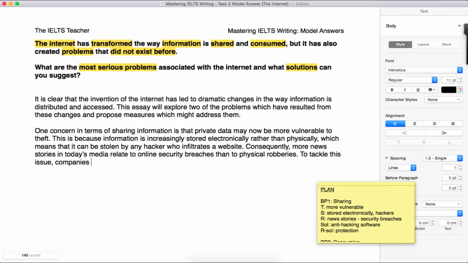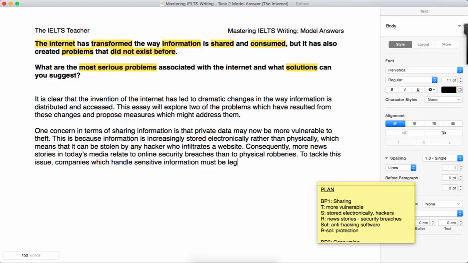And we're going to use a defining relative clause to mean not all companies, but companies that have to manage data. So companies which handle, a nice collocation here, sensitive information must. So to tackle this issue, somebody must. To tackle this issue, companies which handle sensitive information must.